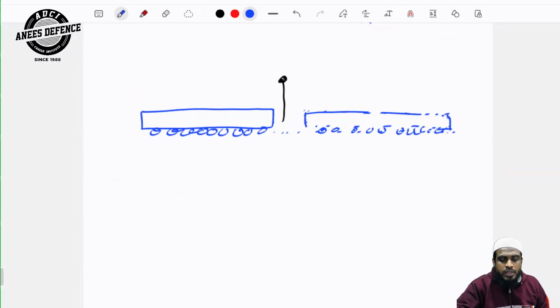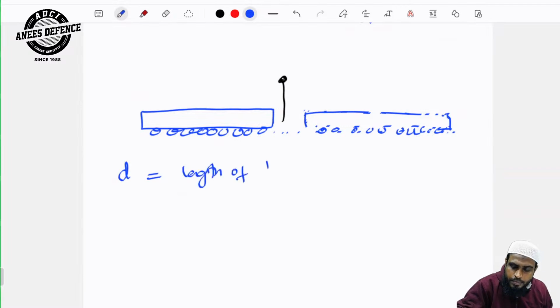That means the distance traveled by the train is equal to the length of the train.